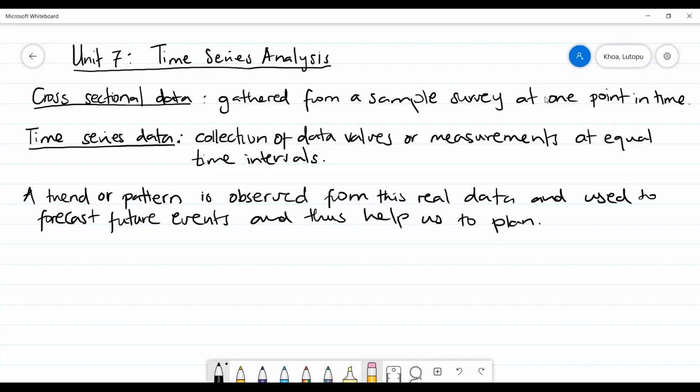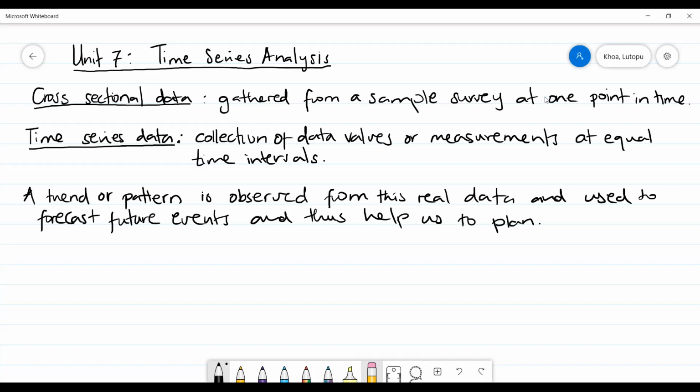Okay, so for example, if we're looking at the number of students enrolled at NUST, let's say we've been collecting the data over the past 10 years and can see there is an upward trend. That means it is constantly going up. So we look at our buildings and say, okay, 10 years from now, how many students are we likely to have? Will the buildings that we have be able to accommodate all those students?